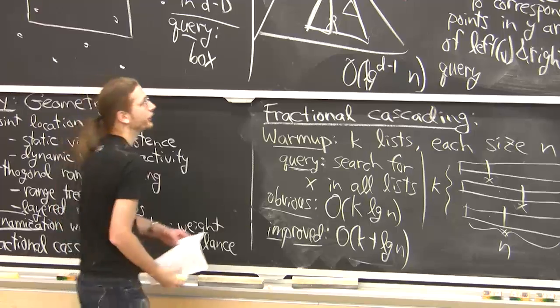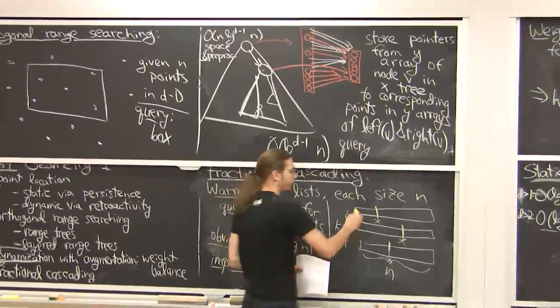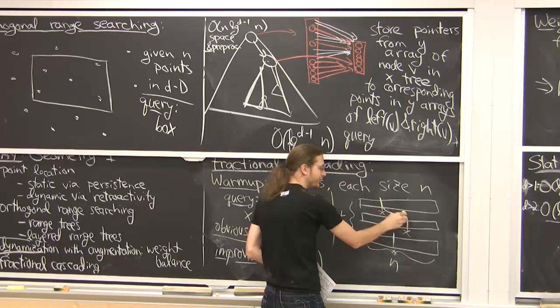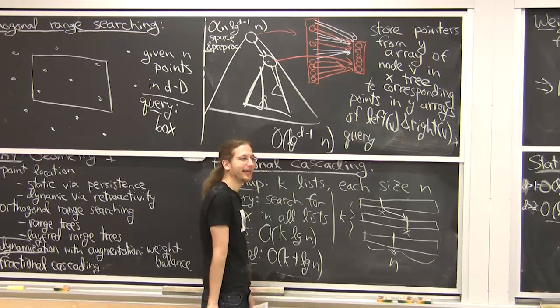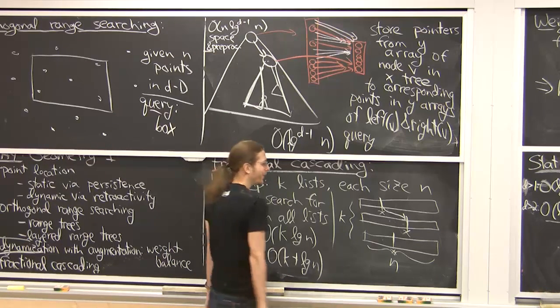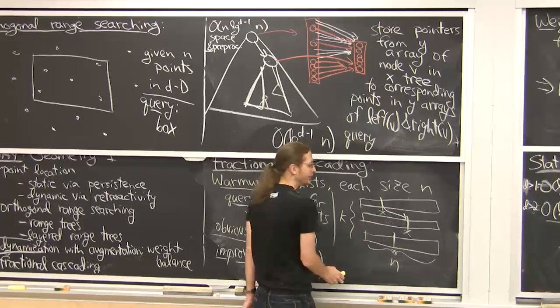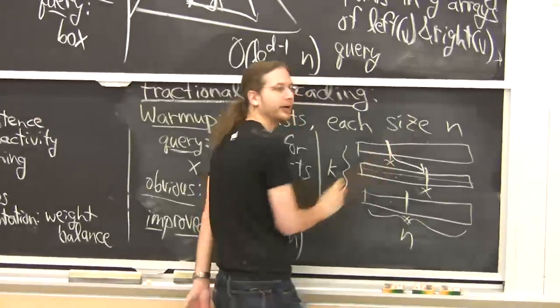We want to use this concept. If I could search for x in here, and then basically follow a pointer to where I want to go in here, I'd be done. Sadly, that can't be done. Why? Because who knows what elements are in here? All of these elements could fit right in this slot.